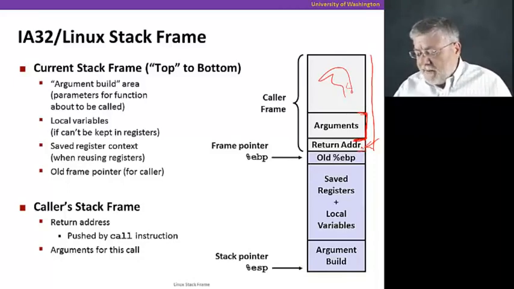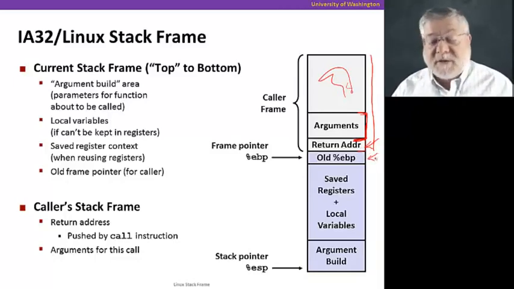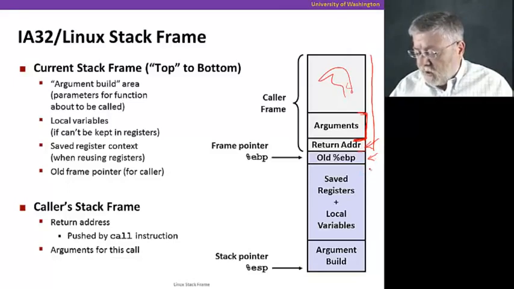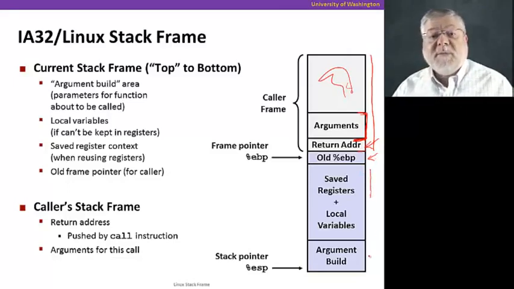What happens next in the callee's frame is that we have the old base pointer of the caller stack frame saved. We're also going to save some other registers that we might want to be able to reuse, so we'll have to restore these before we return.